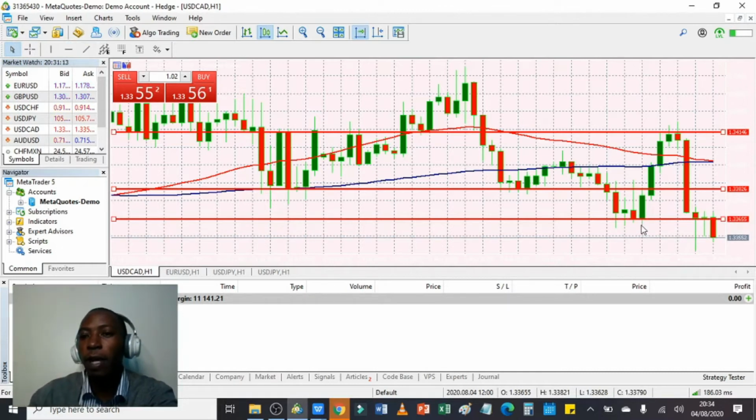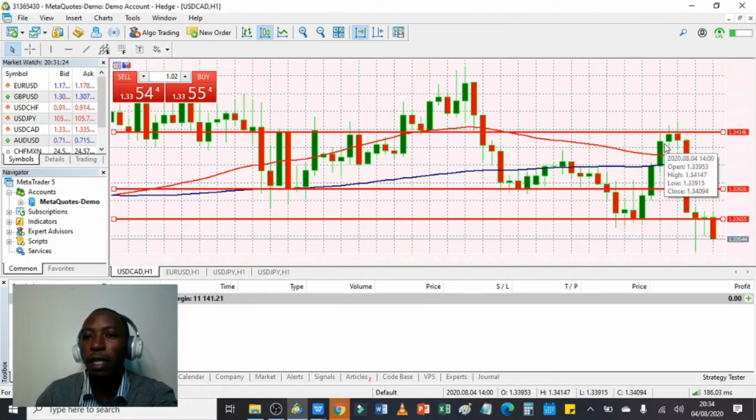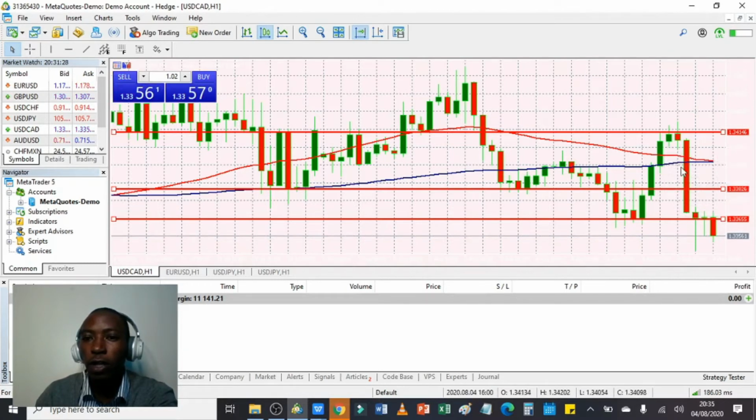That is a level of support, and then the price bounced back and broke the 100-hour moving average. It went on and broke the 50-hour moving average, and since then it has been bullish. It dropped again, and now it's below the 100-hour moving average. That is on my 1 hour chart.